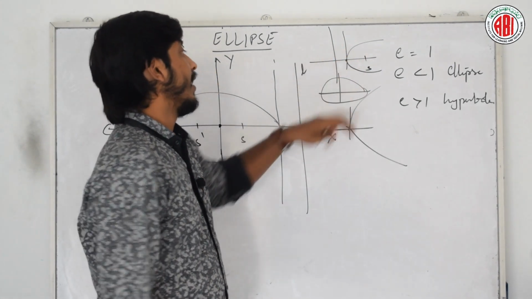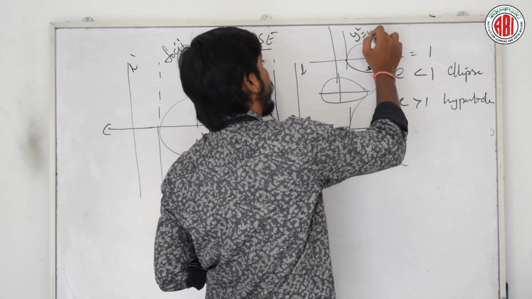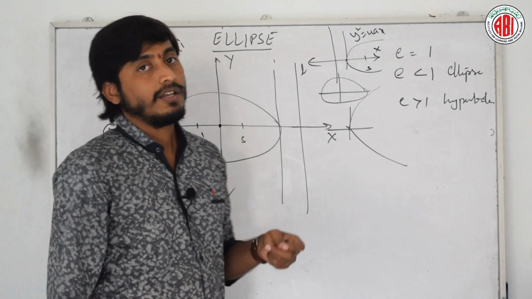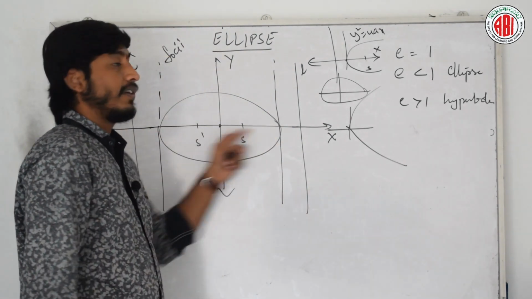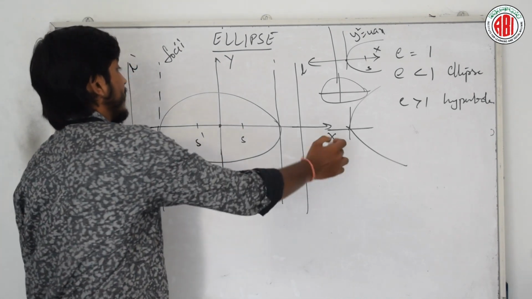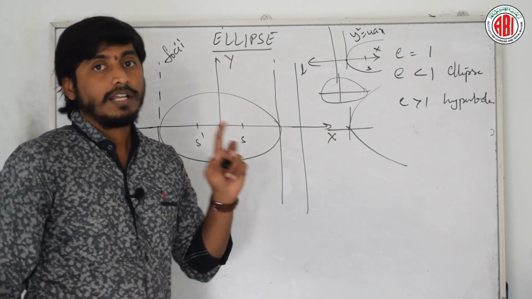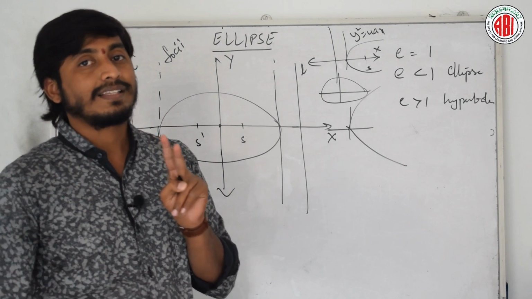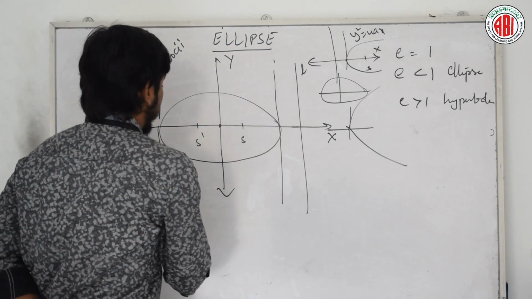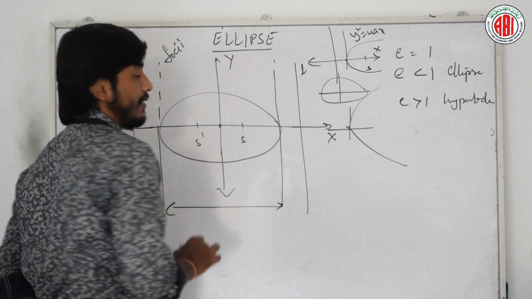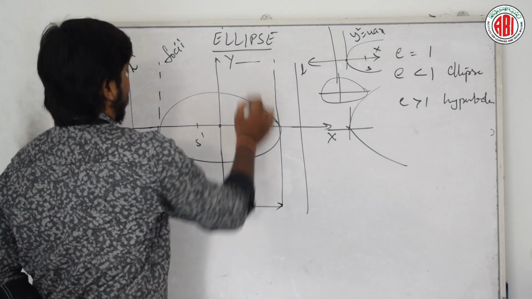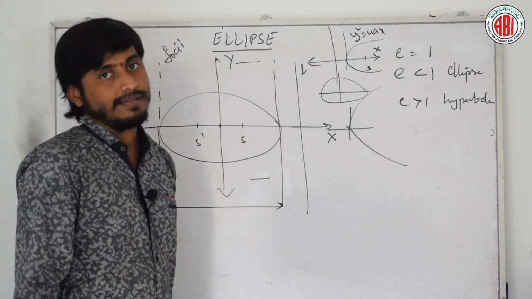Fine. For a single parabola, we have one more parameter, that is the equation of the axis. If it is y square equal to 4ax, we will have the x axis as our axis. So, what about this? We have 2 parabolas, and we have 2 things here, one is the x axis and one more is the y axis. So, we can have 2 axes for an ellipse. This is called the longitudinal axis and this axis is called the transverse axis.